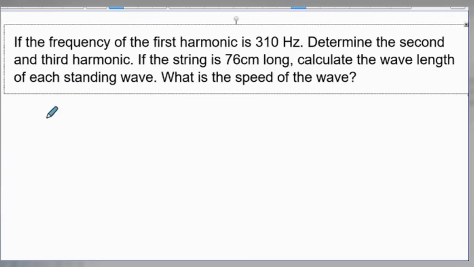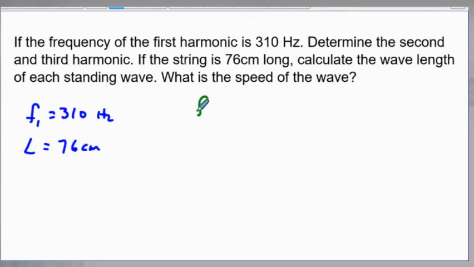This time I'm given the fundamental frequency of the first harmonic. F1 is 310 hertz. And the string, I see a length of the string here of 76 centimeters. What are the second and third harmonics? What I'm looking for is F2.